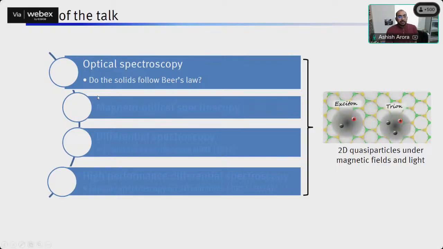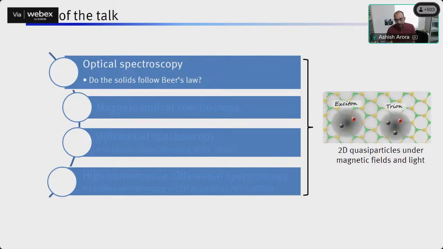So, there is some law in physics or in solids or even in chemistry called the Beer's law or Beer-Lambert's law. This law states that if I have a medium which is an absorptive medium, meaning if I pass light through this medium and the light is absorbed by the medium, then as I increase the thickness of the medium and pass the light, more and more light gets absorbed.